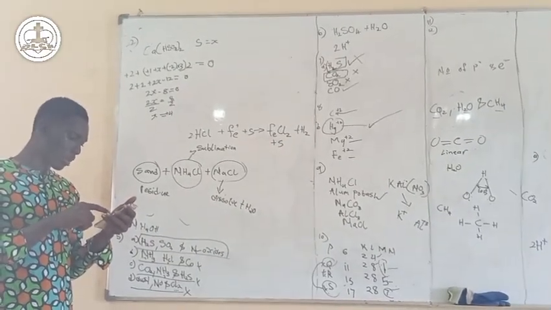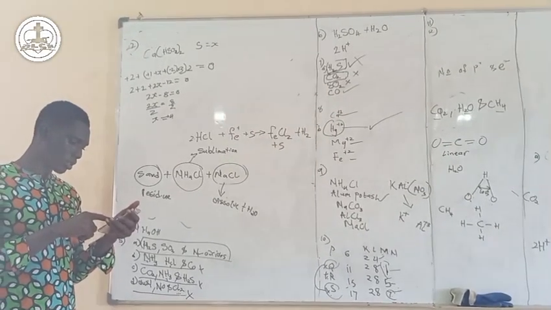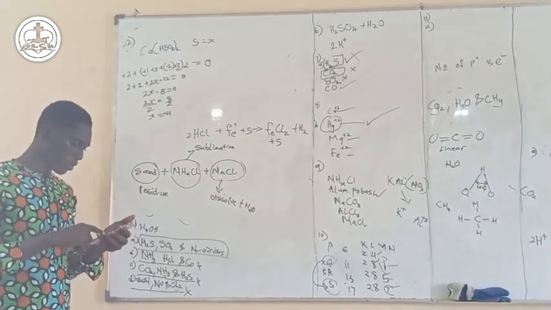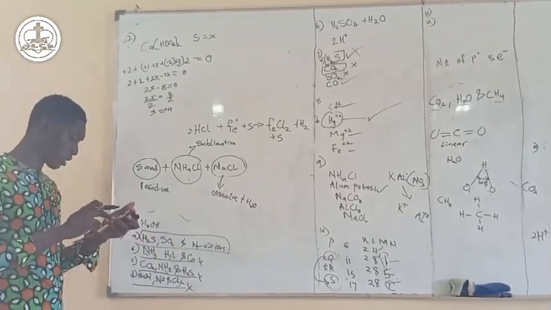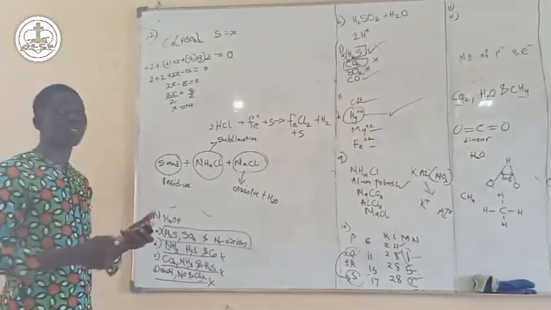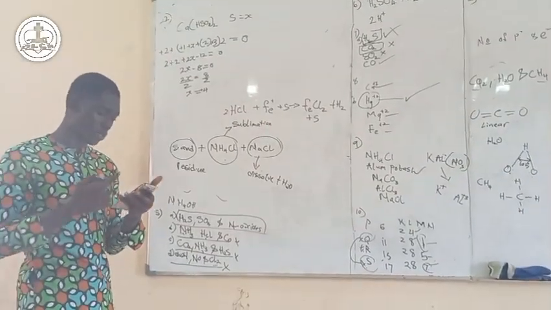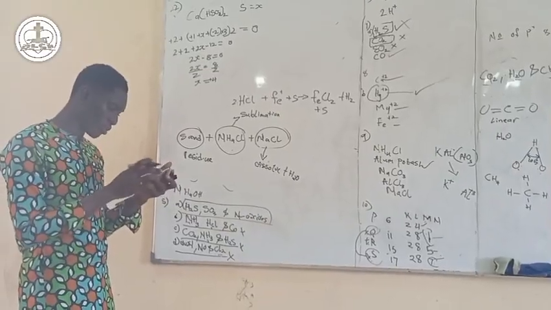The ammonium chloride is said to have undergone sublimation. We already know ammonium chloride when heated can change directly from solid state into gaseous state. So that is sublimation. The answer is B.